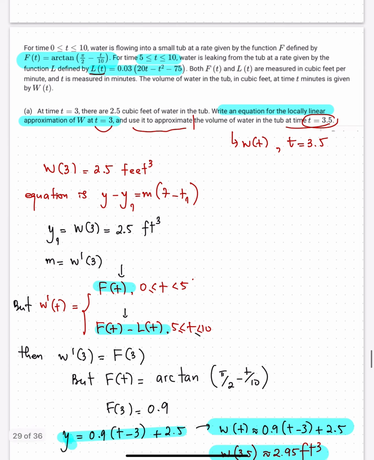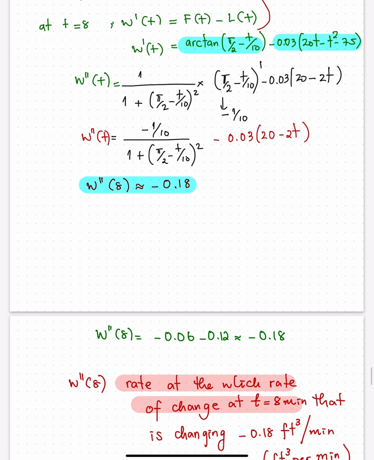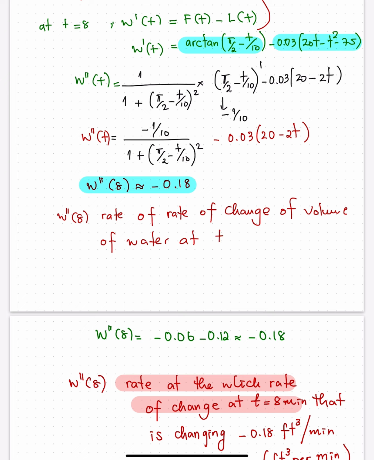as you can see, the piecewise functions. So we can just say w prime of 8, so w second prime of 8 will be the rate of change of the rate of change of the volume of water at t equals 8.